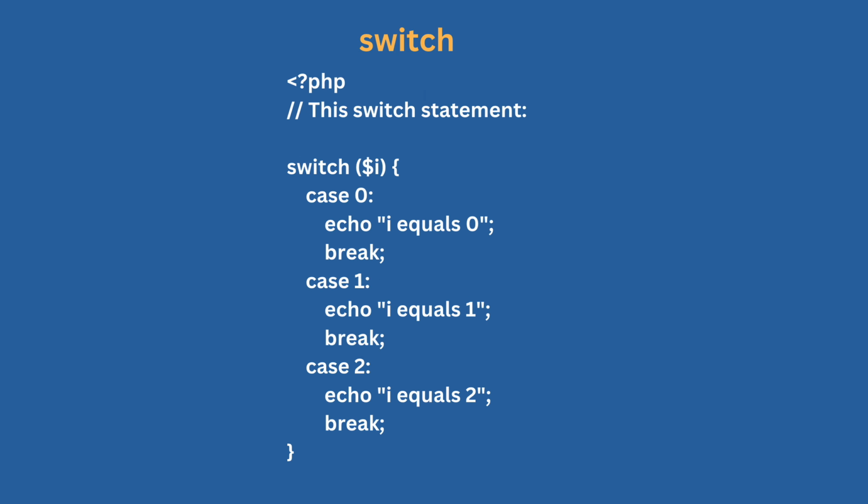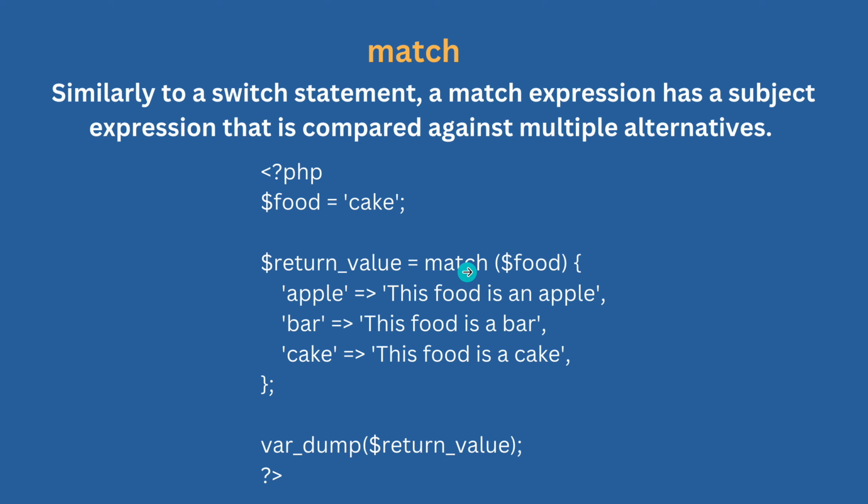So you see the switch statement also passes some value, matches and then executes, right? But match is a little different. Here I'm searching cake, I'm passing cake here, right? So it will look into where the cake is in this array, and it will return this food is a cake.